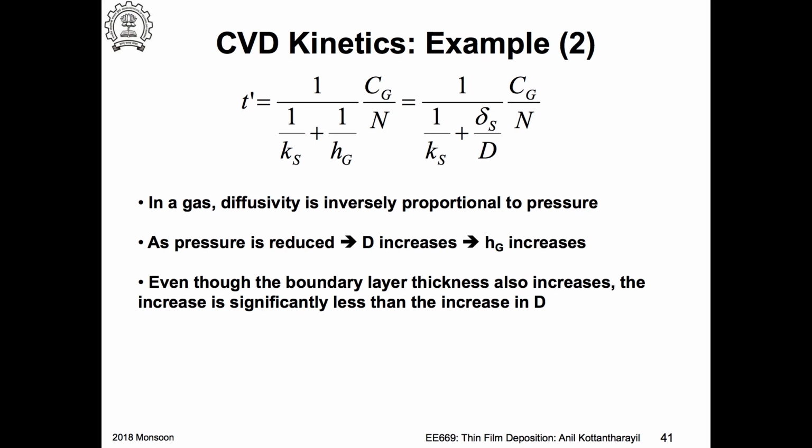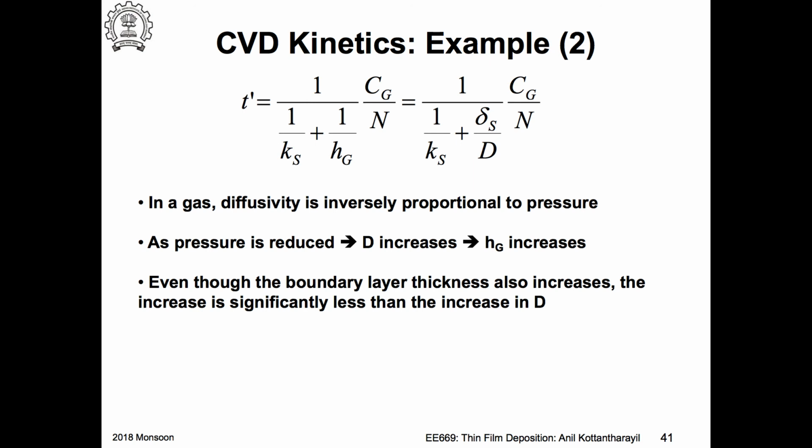When two particles collide, their trajectories change, and when they go through multiple interactions of this kind, you don't know in which direction they are going to move. So if I have too many collisions, then the diffusion process would be slower. With too few collisions, I can actually increase the D. What it means is that if I reduce the pressure, I can increase D. Hg will increase.